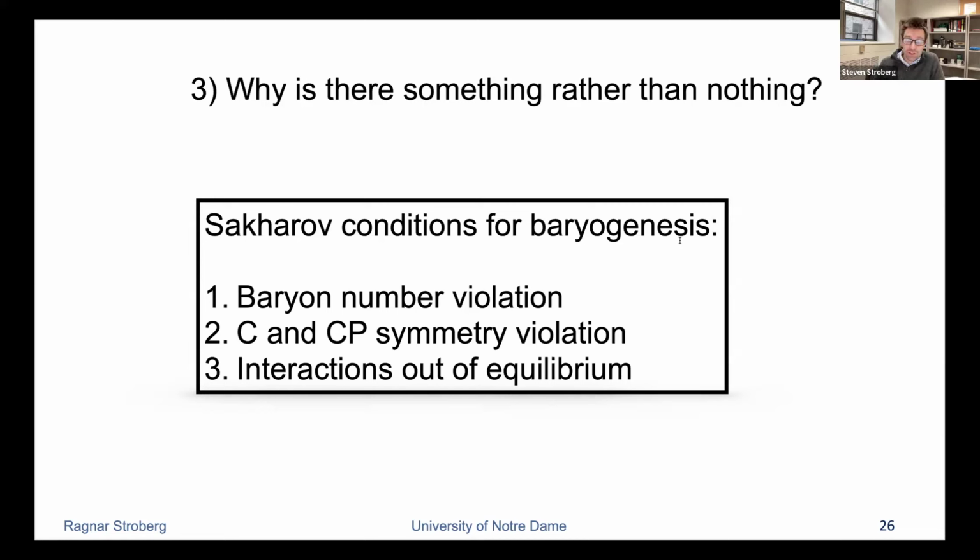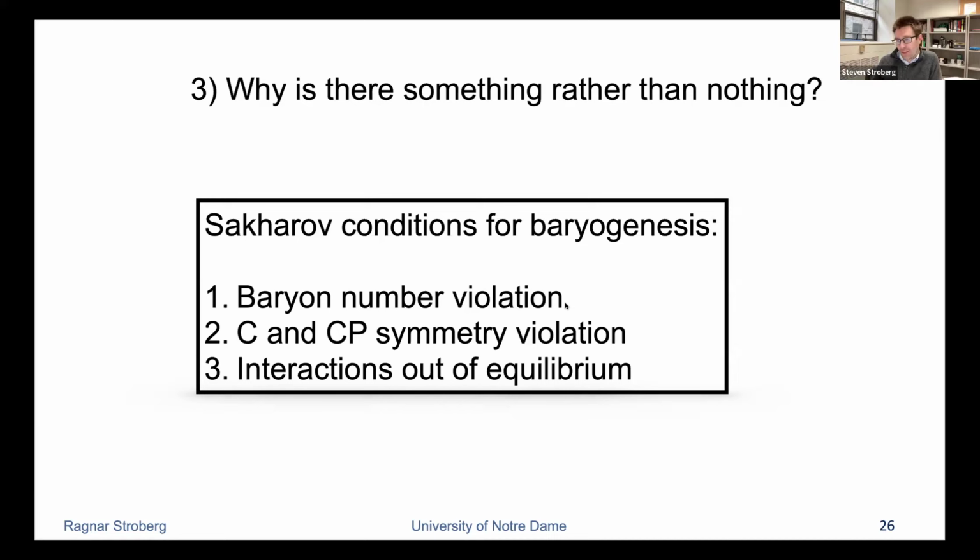And so to do this, you need to have baryon number violation, because if baryon number is conserved, if you start out with 0, you always have net 0 baryon number. Baryon number is opposite for particles and antiparticles, and so you should make equal numbers of particles and antiparticles. In order to have some net baryon number, you have to violate this symmetry.